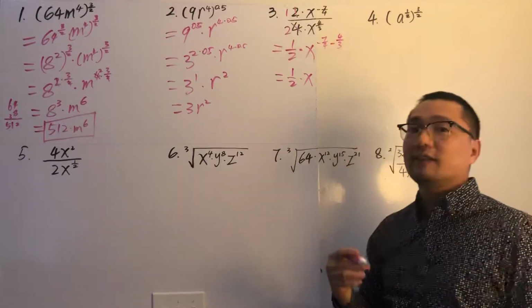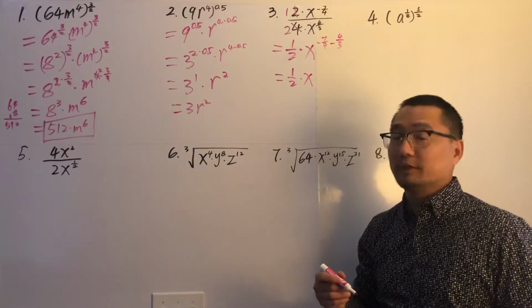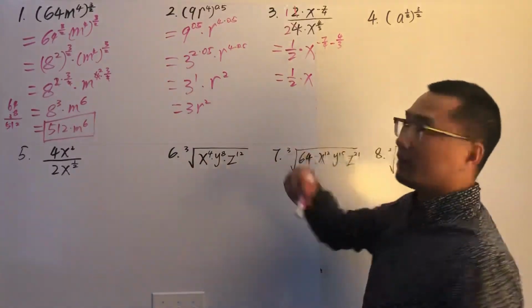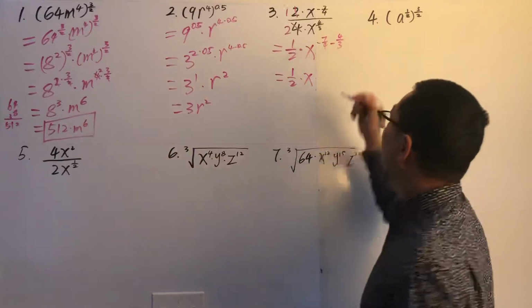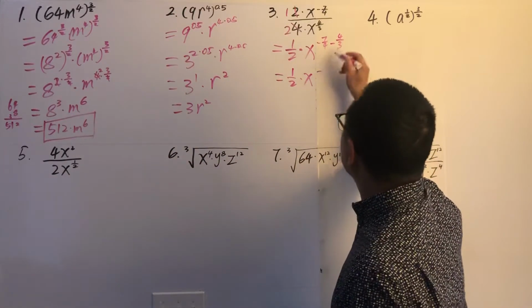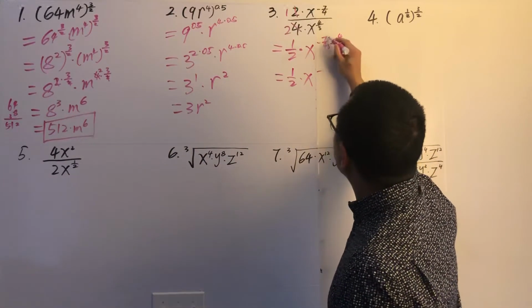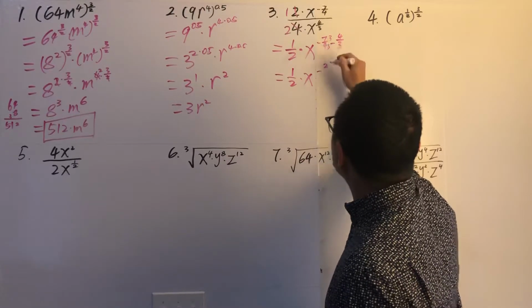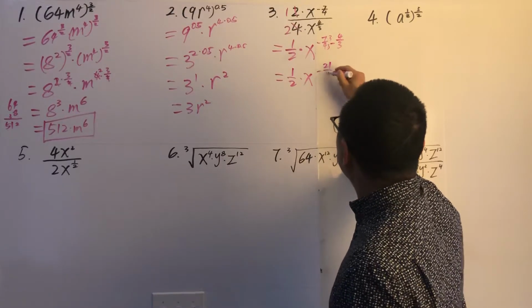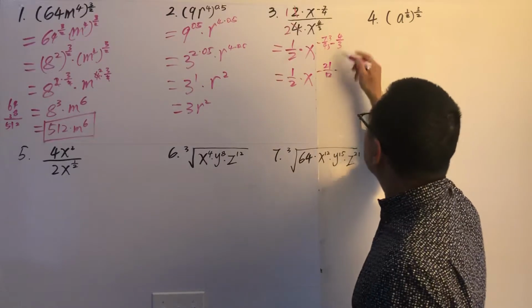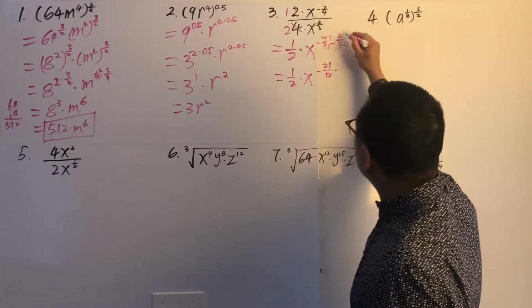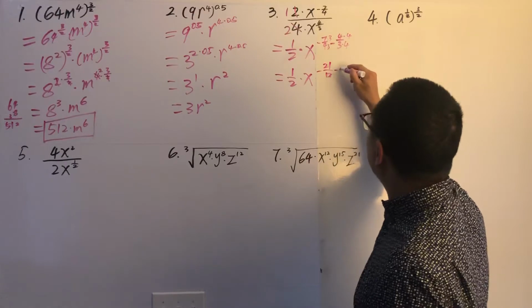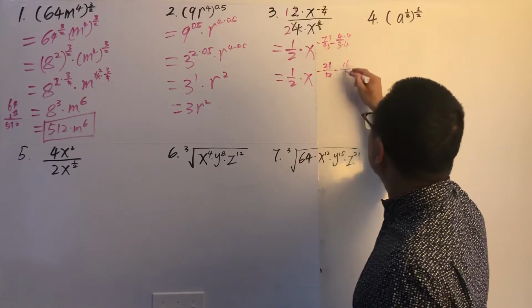Then you have to find the common denominator. So for 4 and 3, the common denominator is 12. That means you have to multiply this by 3 and this by 4. So this one changes to 7 times 3, 21 over 12, minus 4 times 4, which is 16 over 12.